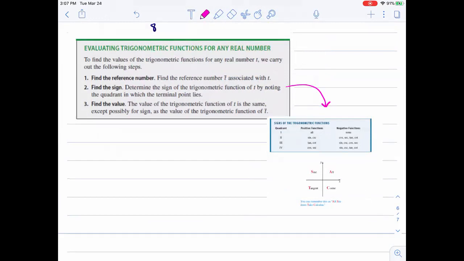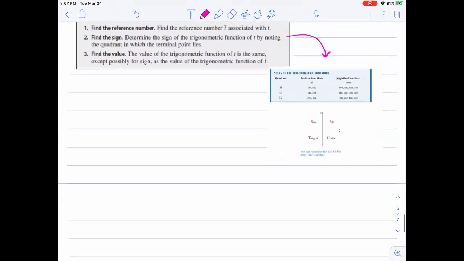And so remember, it depends on if the x or the y is positive or negative. So we want to find the sine of the trig function, and then we have to find the values. If we find the value, then we might have to change the sign as we move around in these quadrants, but everything else stays the same, right?